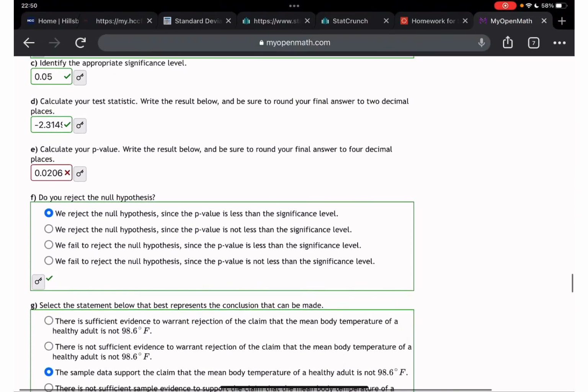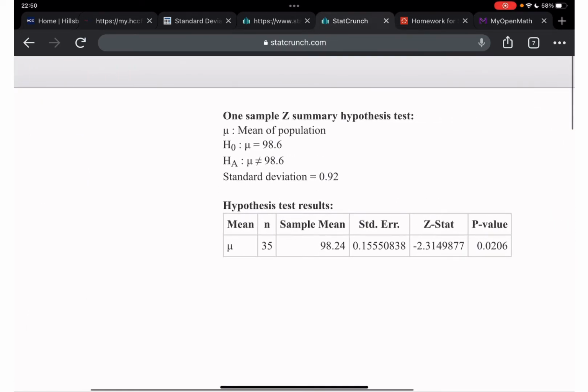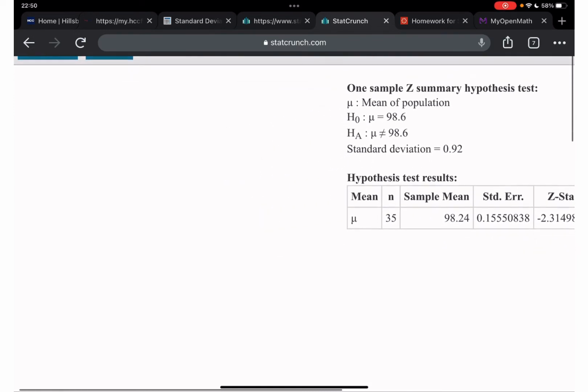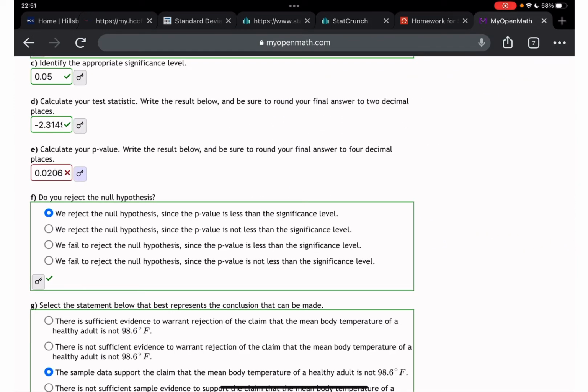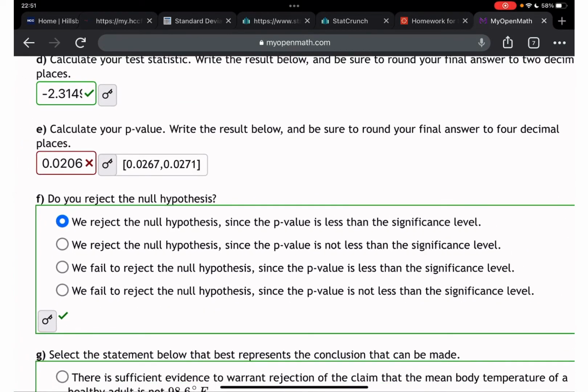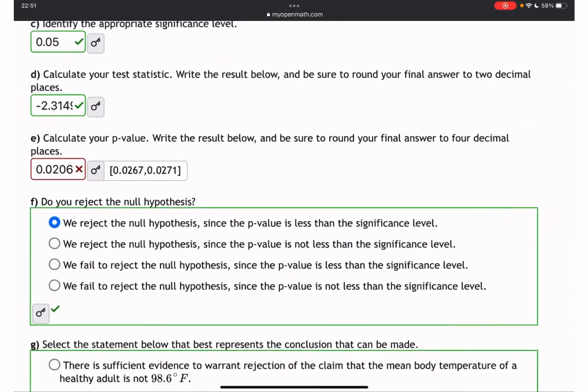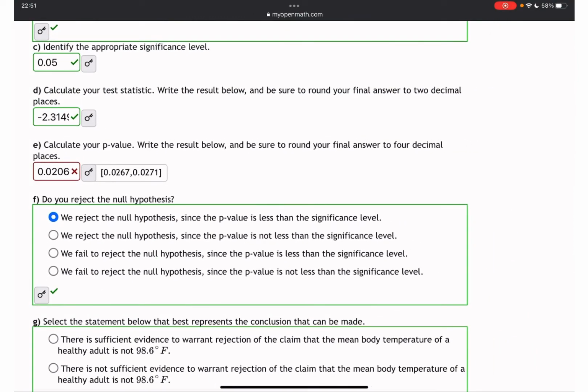What is wrong here? Didn't we do 0.0206? Okay, let's see what's happening. This is absolutely wrong.